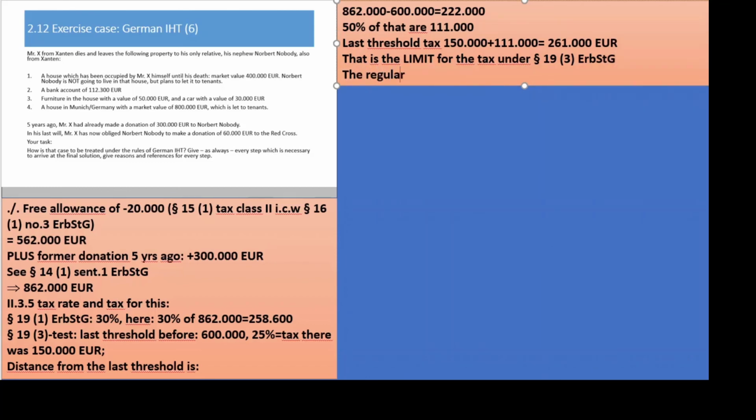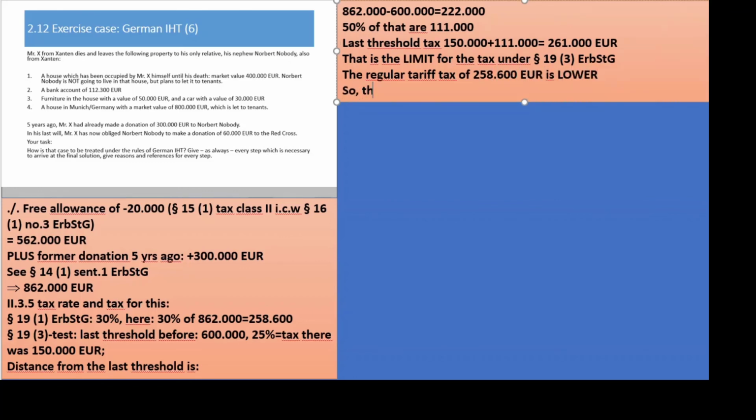The regular tariff tax of 258,600 euro is lower, although only a bit, so the tax is 258,600. It's not capped because it would be excessive or so. Yeah, so that is the tax which applies here.